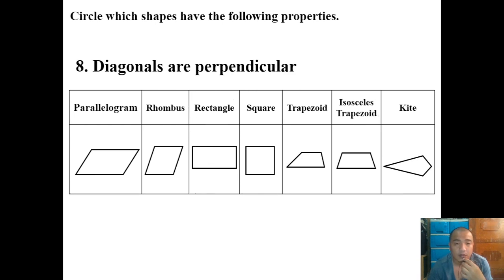Diagonals are perpendicular. Rhombus, correct. The diagonals of a rhombus form 90 degrees. Also with square. Its diagonals are perpendicular. Just two. And surprisingly, the kite. But it's a fact, no? For the kite, the diagonals are perpendicular also.